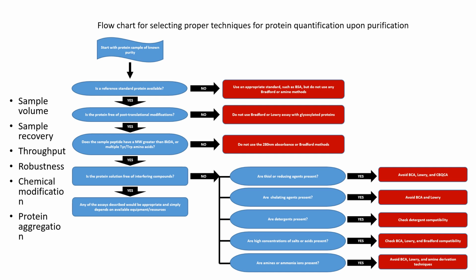And number two, also some consideration is the sample recovery, right? If the sample is limited, a non-disruptive method such as UV spectroscopy may be more appropriate. And number three is the throughput.